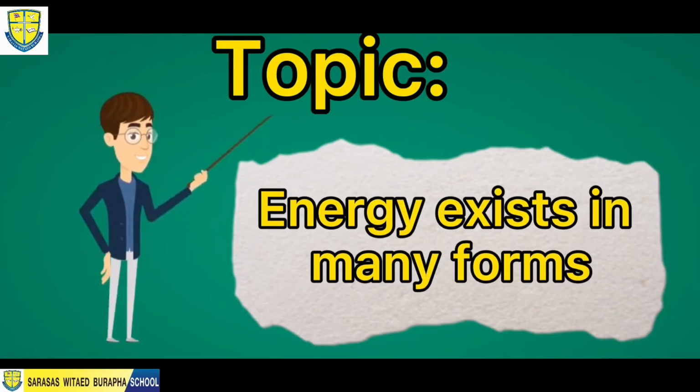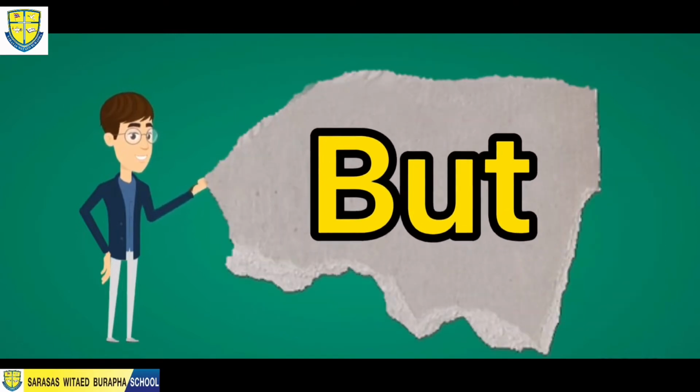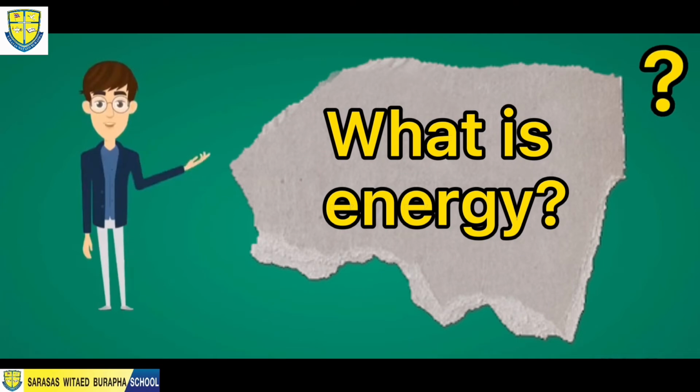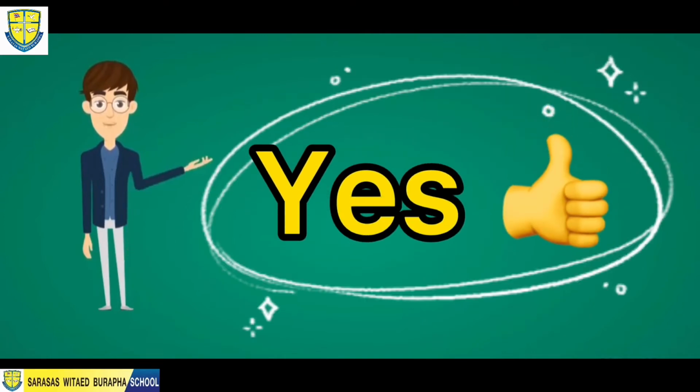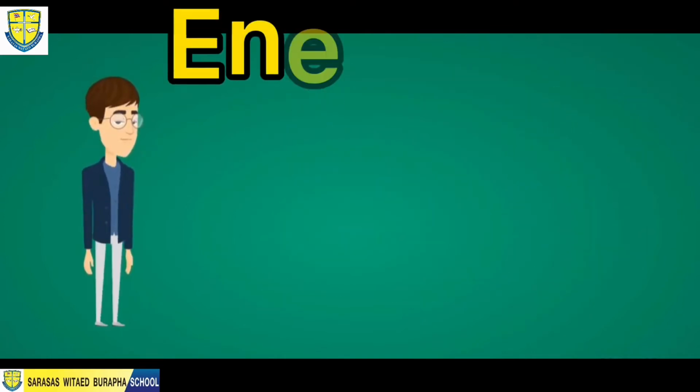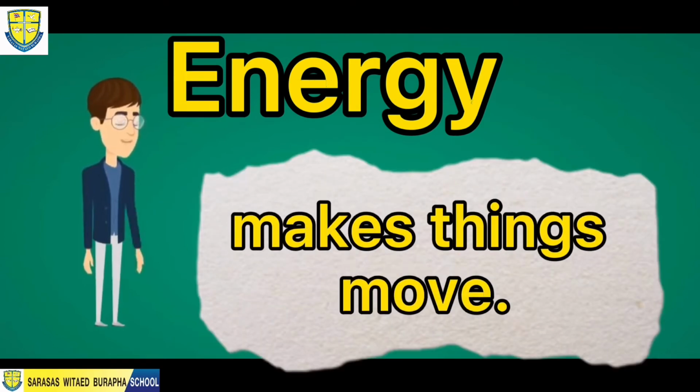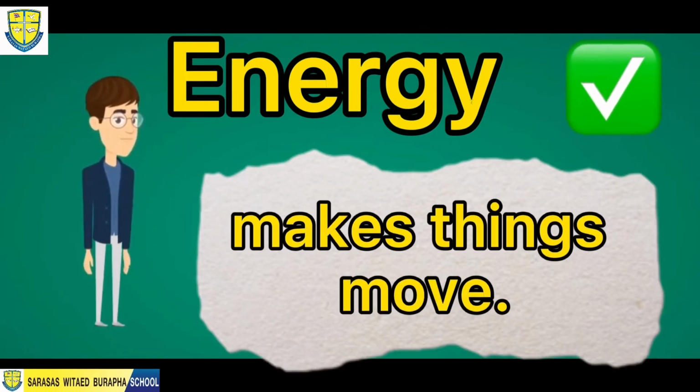Energy exists in many forms. Again, energy exists in many forms. But what is energy? Can you still remember the definition of energy? If you say yes, and you say energy makes things move, your answer is correct.